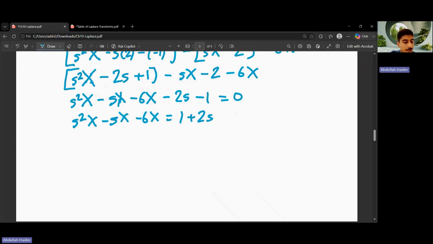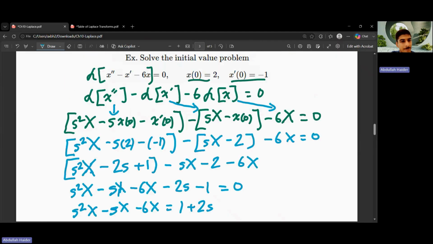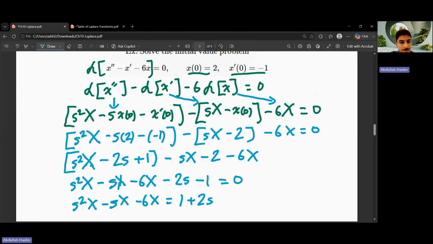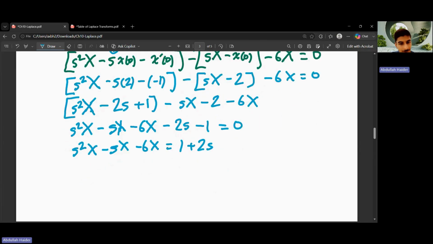Now we will factor out our big X from here. As I said before, once you take the Laplace and substitute the initial conditions, your goal is to only have the big X on the left side. So X times s squared minus s minus 6 is equal to 1 plus 2s.